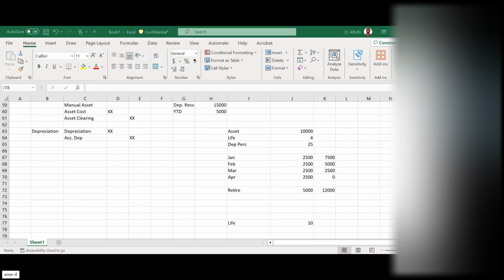Now I wanted to book the expenses and then do the adjustment. So now, how will the adjustment that I have made look?